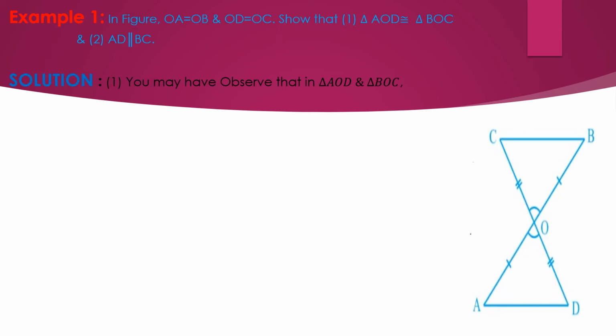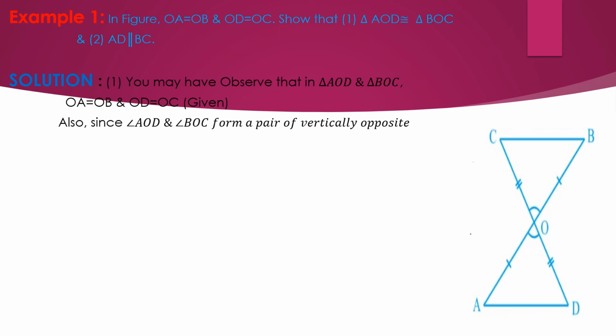Now you may have observed that in triangle AOD and in triangle BOC, OA is equal to OB and OD is equal to OC, that is already given to us. Also angle AOD and angle BOC form vertically opposite angles.